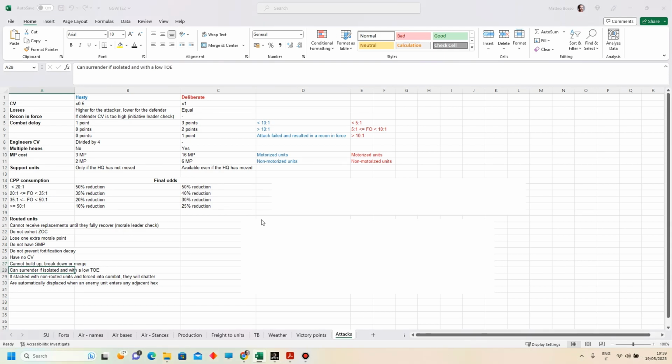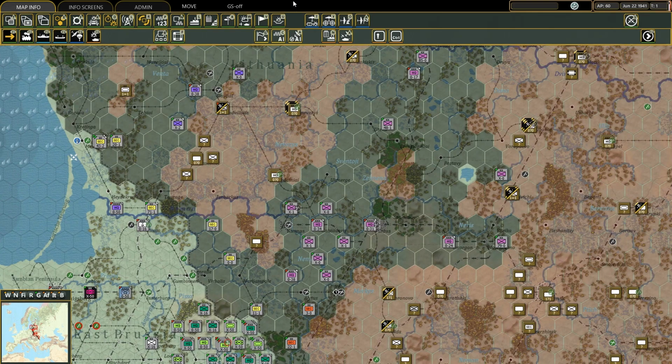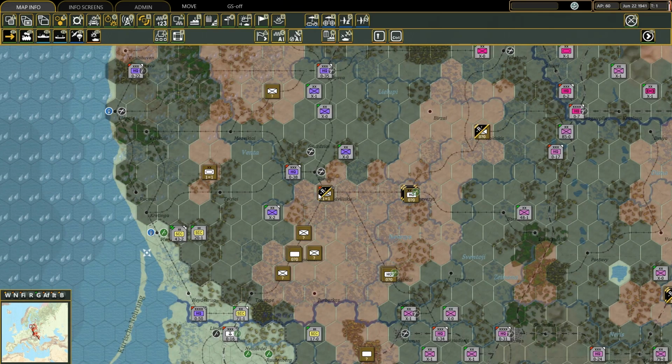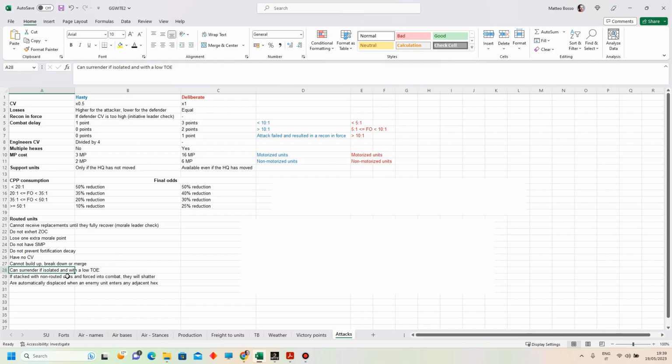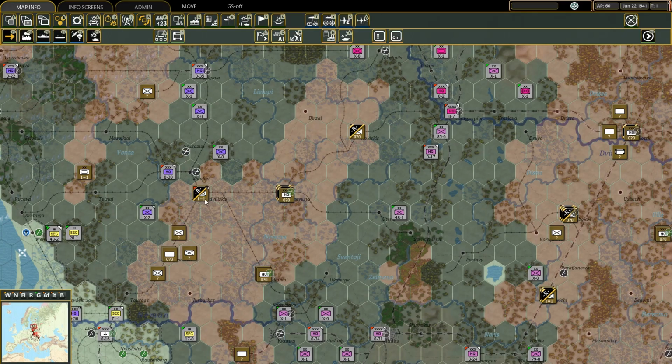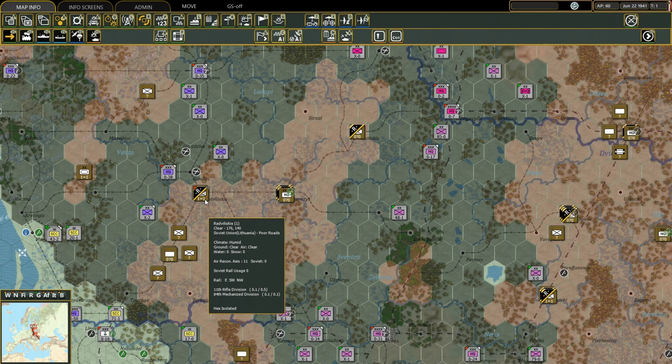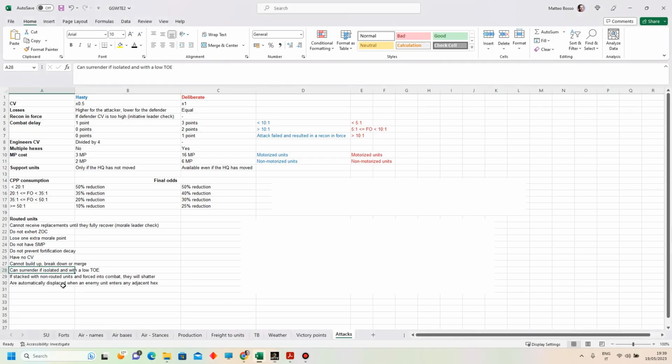Routed units do have this yellow stripe and the R in the upper left-hand corner. These are all routed units. When they are isolated and they suffer from attrition, because they have a low TOE, they can surrender in the next battle.